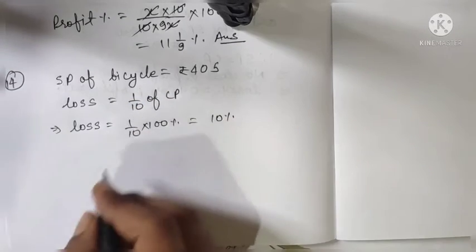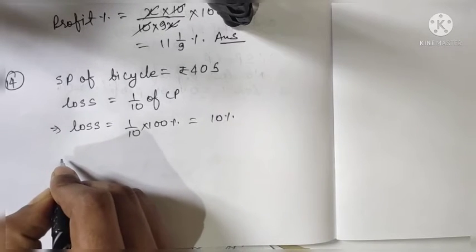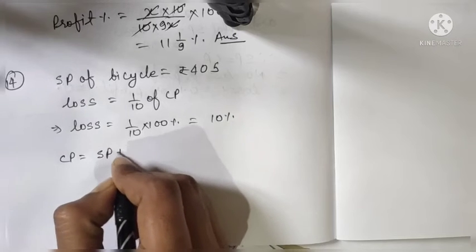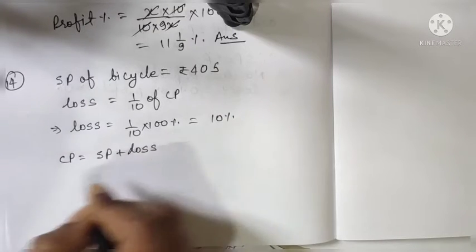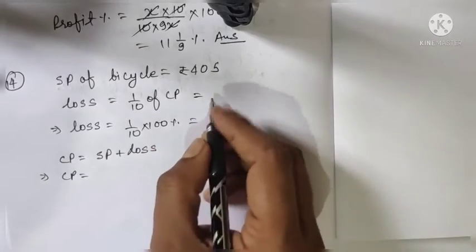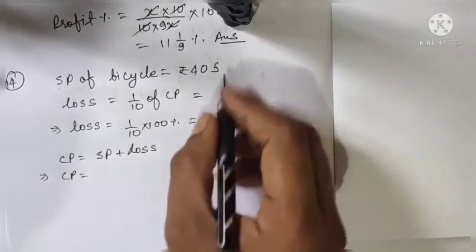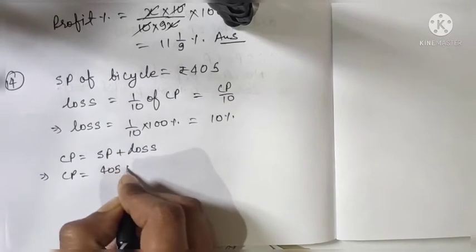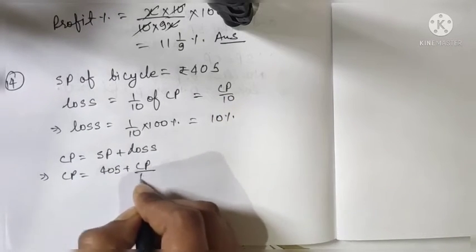Now we have to find the cost price, and as we know that CP is equal to SP plus loss, and the loss is equal to 1 by 10 of CP, means CP by 10. So CP is equal to SP, 405, plus loss, CP by 10.